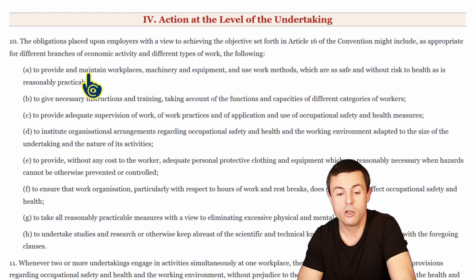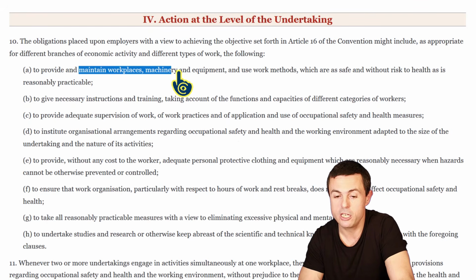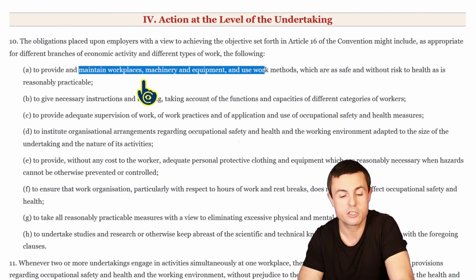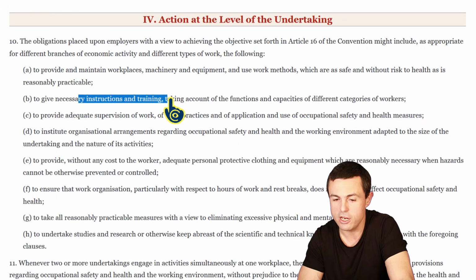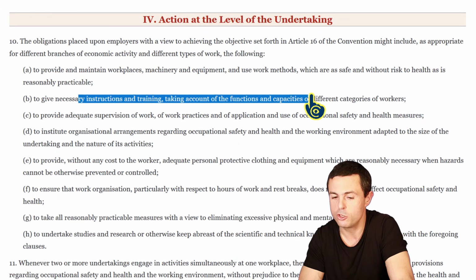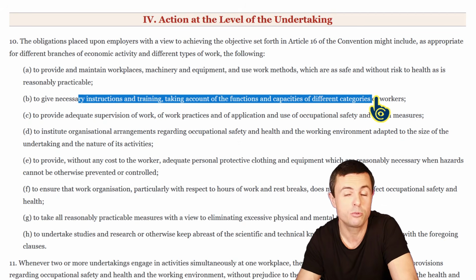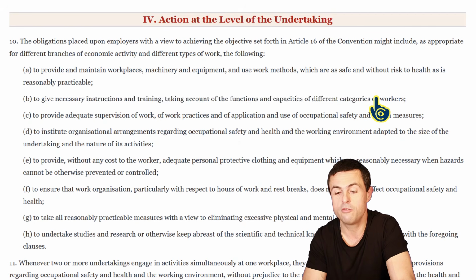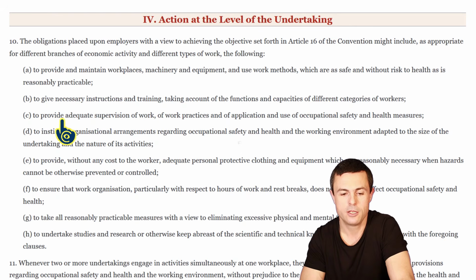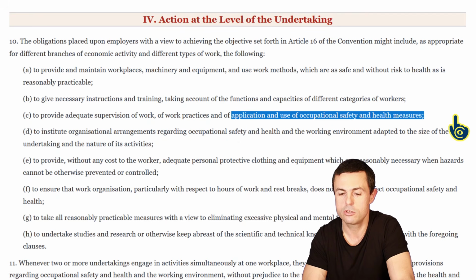And it talks here about providing and maintaining workplace machinery and equipment which are safe and without risk to health, giving instructions and training, taking account of the functions and capacities of different categories of workers. So different training for different people depending on what they do and their different capacities. Providing supervision of work, the work practices, and the use and application of health and safety measures.